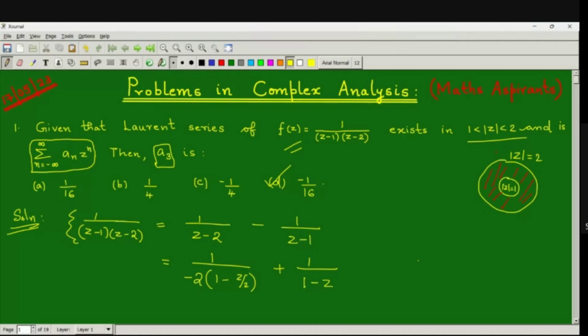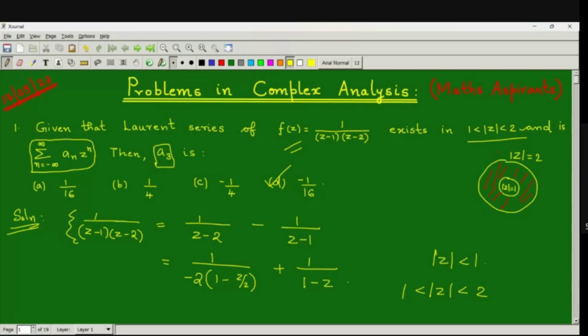But you have to think a little bit. Where does the Laurent series exist? The Laurent series does not exist for mod z less than 1, right? It exists for mod z less than 2 and mod z greater than 1. So to find a series expansion for this thing, what do we have to do?